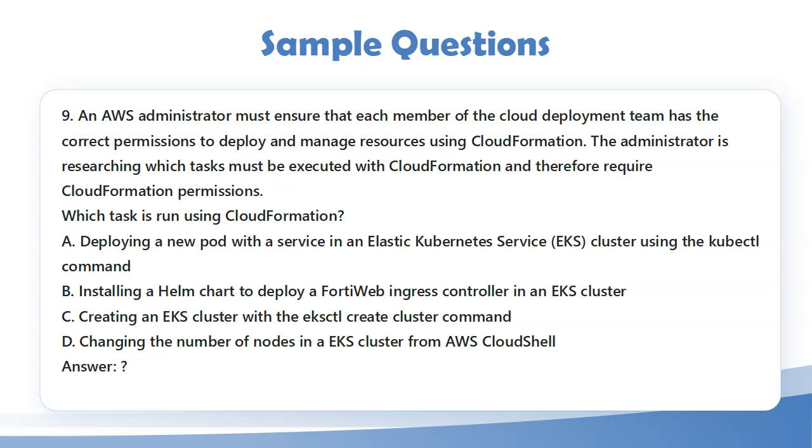A. Deploying a new pod with a service in an Elastic Kubernetes Service (EKS) cluster using the kubectl command. B. Installing a Helm chart to deploy a FortiWeb Ingress Controller in an EKS cluster. C. Creating an EKS cluster with the eksctl create cluster command. D. Changing the number of nodes in an EKS cluster from AWS CloudShell.